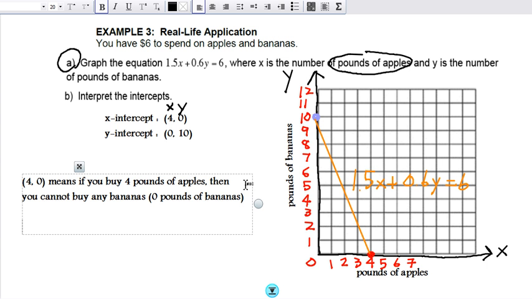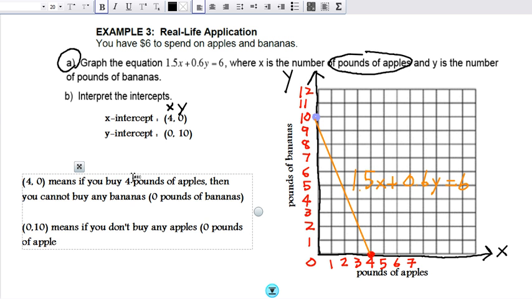And then the next one is 0 comma 10. What does that mean? If x is 0, that means x is the number of pounds of apples, so you have 0 pounds of apples. So if you don't buy any apples, because it's 0 pounds of apples, then you can buy y is 10, so 10 pounds of bananas.